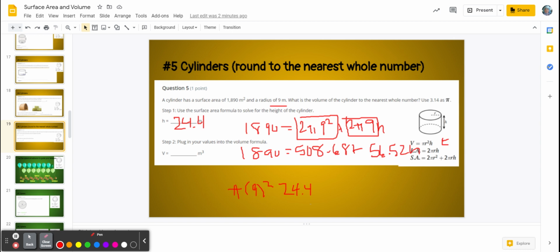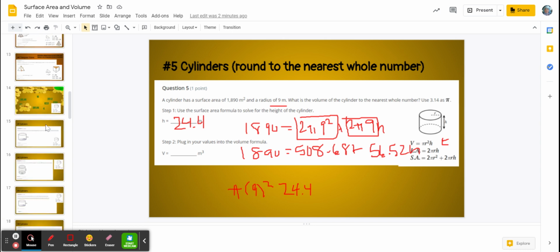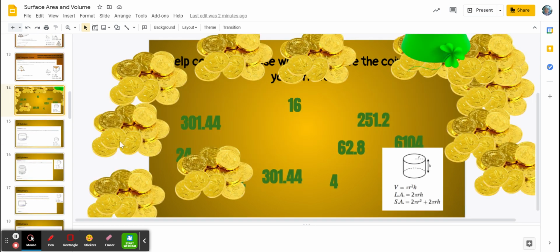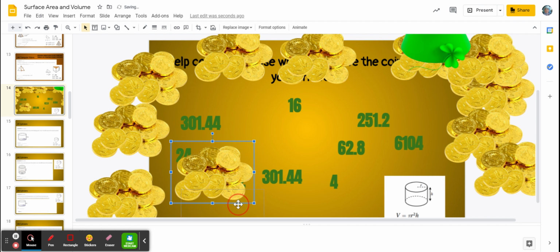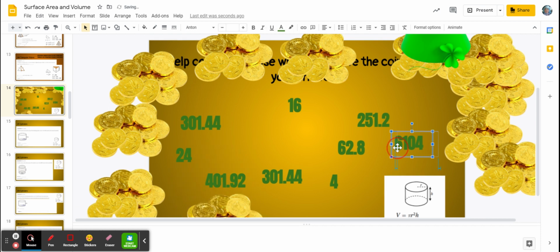Did you square the 9? It shouldn't matter. Did you get 6,000 something? Use this 6,000 number.